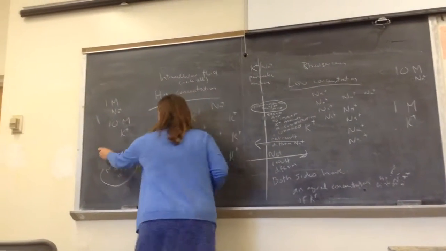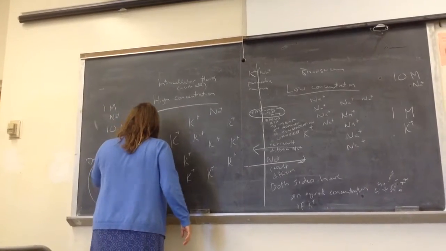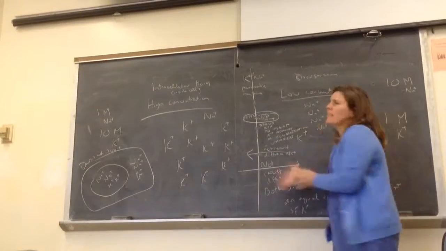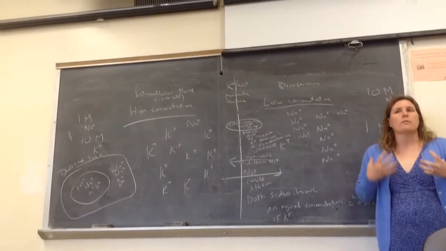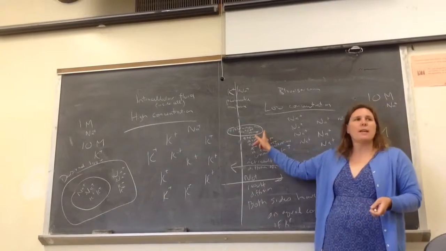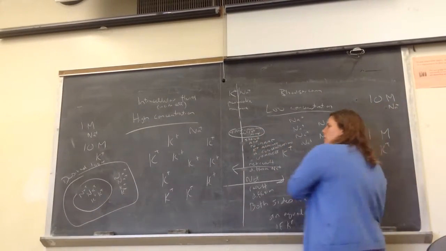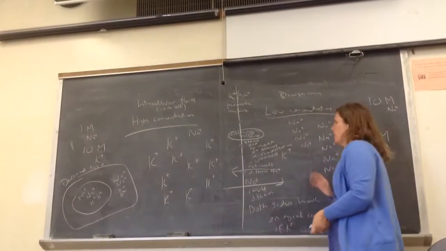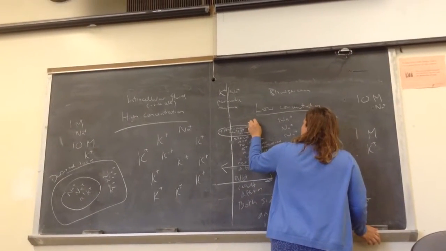That's its desired look. The system tends toward finding equilibrium. The cell will not work if we find equilibrium. Everything in our system will not work if we find equilibrium. So we spend energy on the sodium-potassium pump to make sure that we keep more potassiums over here and more sodiums over here. Okay?